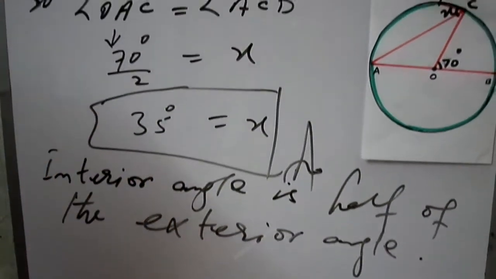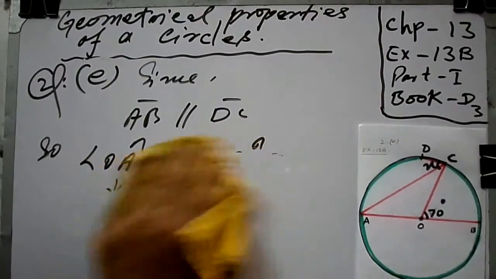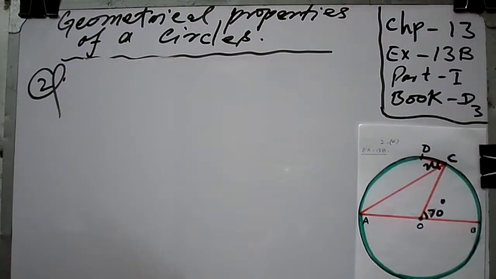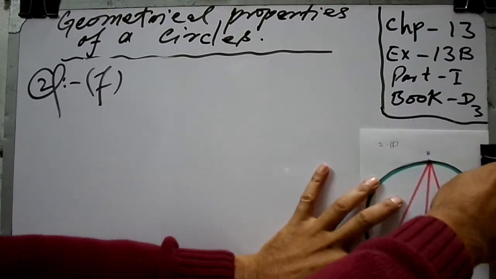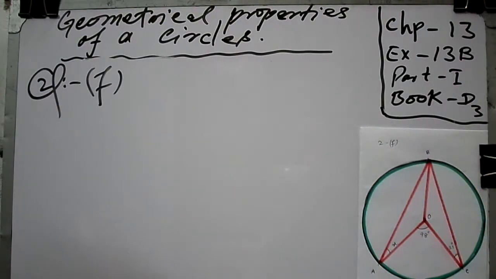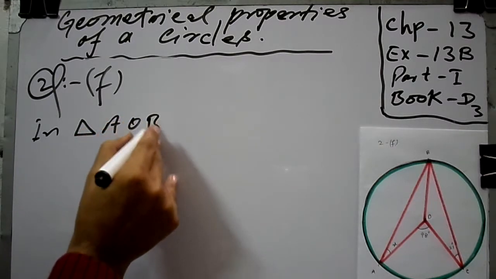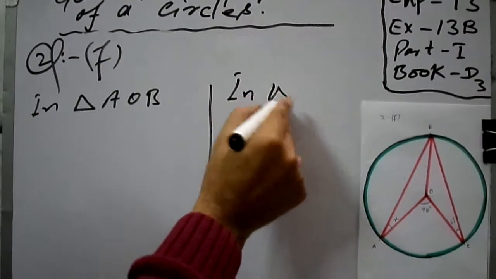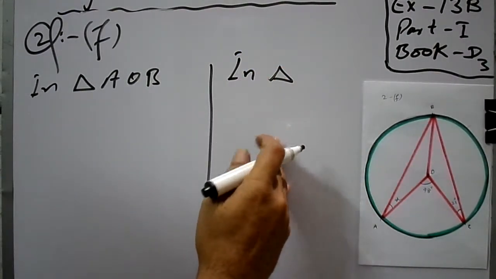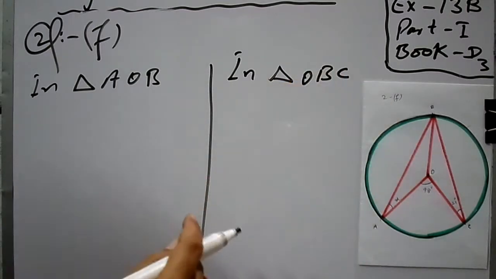Now coming to the F part, you can see another diagram. So in the F part you can see two triangles, for example triangle AOB and triangle OBC.